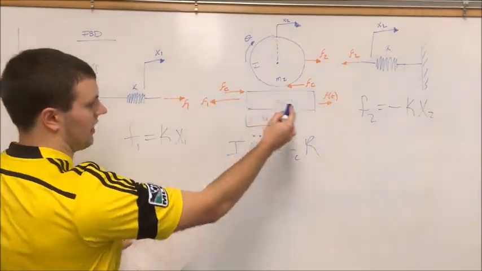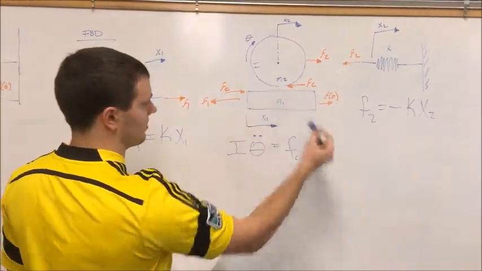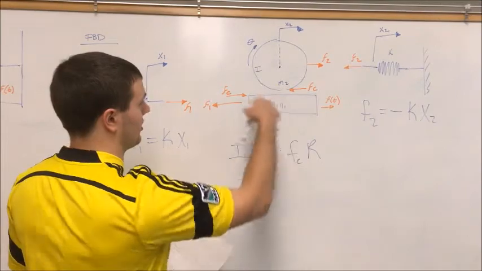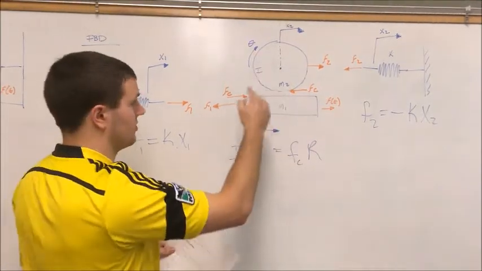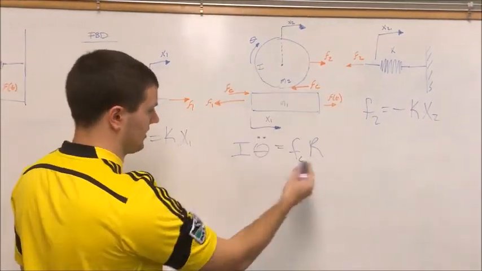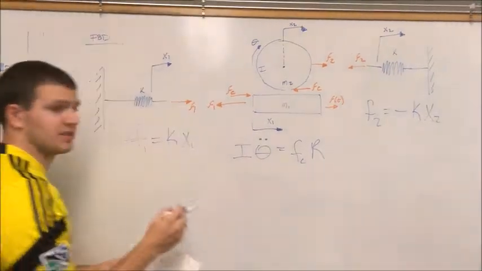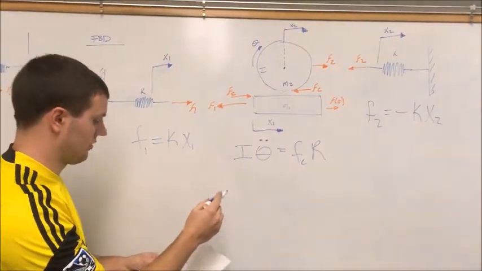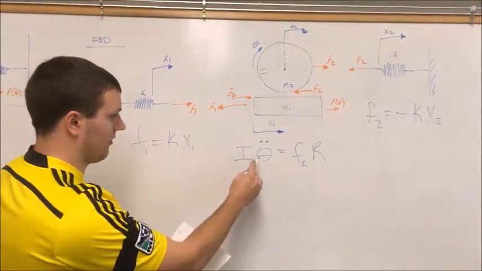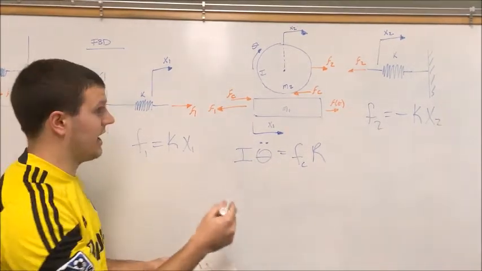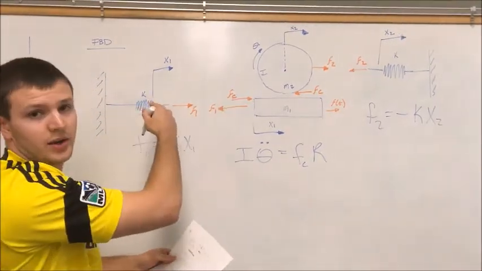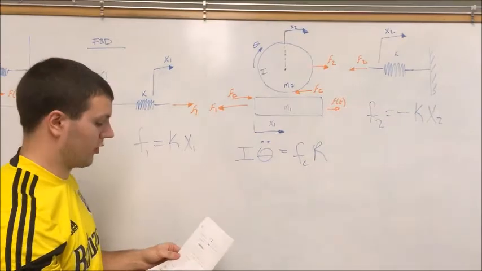And FCR is positive because FC is pointing in the clockwise direction, and that'll cause it to move in the motion that we have specified, so everything's positive. The only thing is, in the equations of motion, we don't want theta double dot, we want x2 double dot and x1 double dot for our equations.